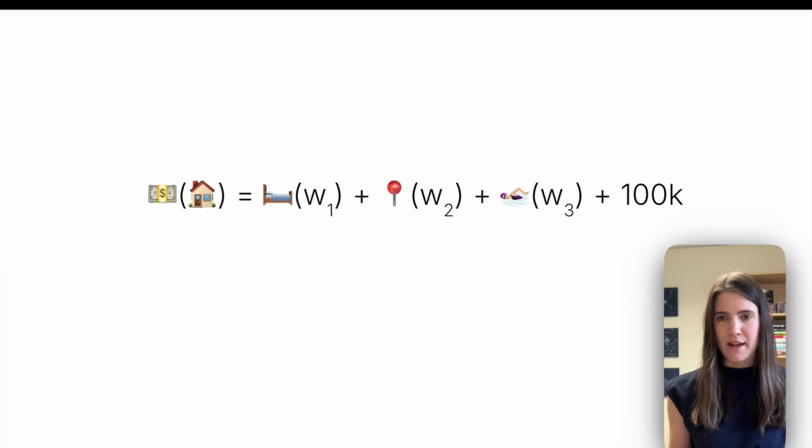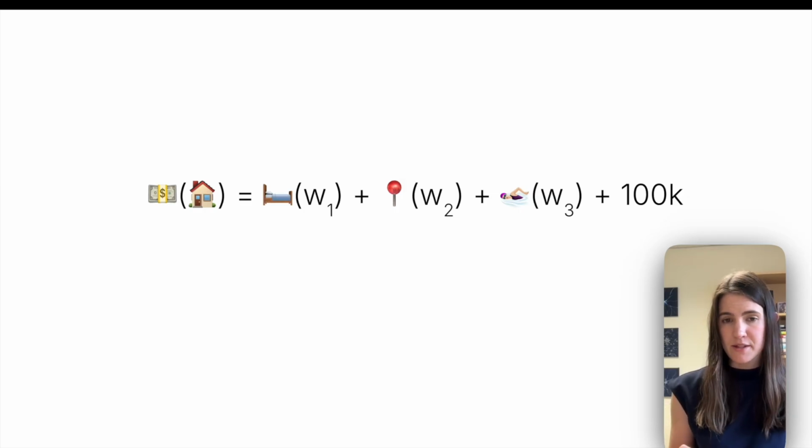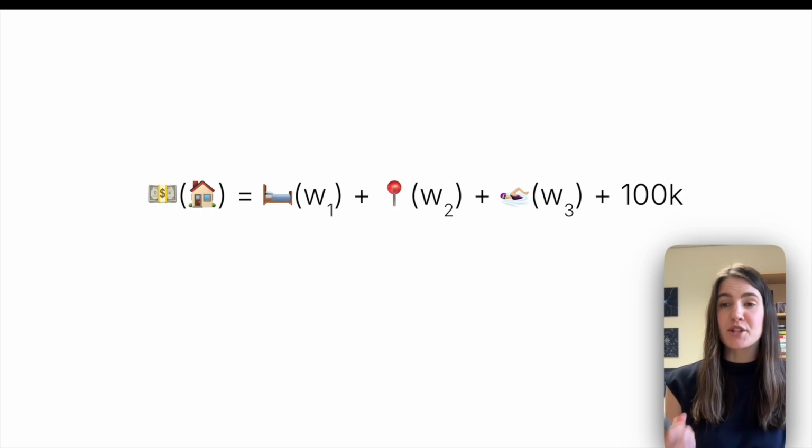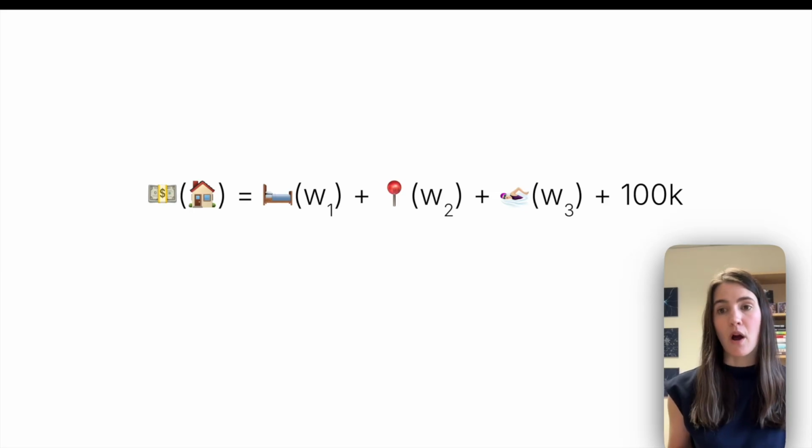Now, of course, we know that it's not just number of bedrooms that impact the price of a house, but many different factors. And so what you can do here is you can have many different factors, and we can use weight sub 1, weight sub 2, and weight sub 3 to denote the slope of each of these. And so that slope, or how much each of those contributes, is what we call a weight.